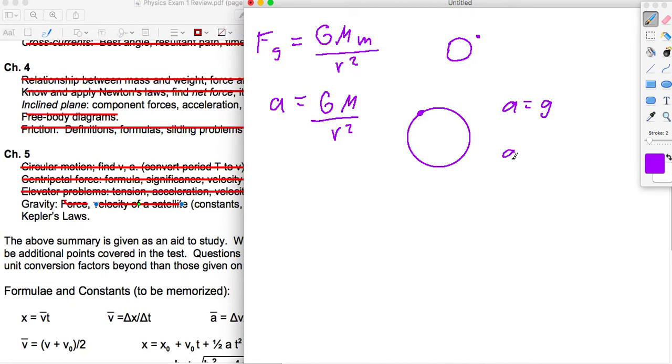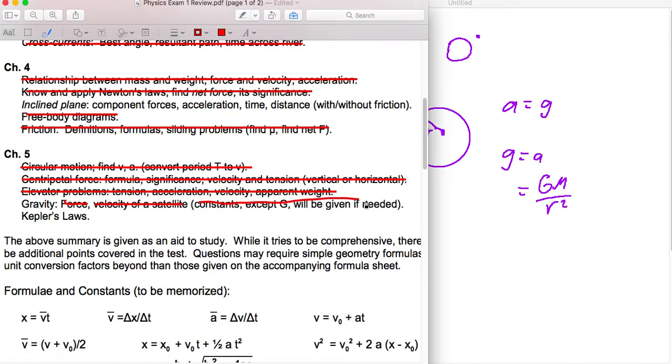So in this case, on the surface of the Earth, at 1r, a equals g, which means this would equal this, right? So that way we can find the mass of the Earth if we need it, if we know the radius, and so on. So that's done.